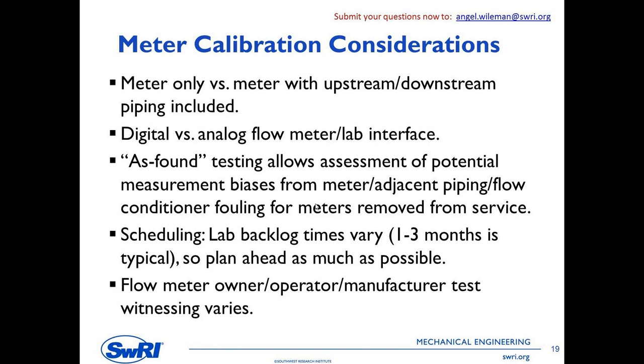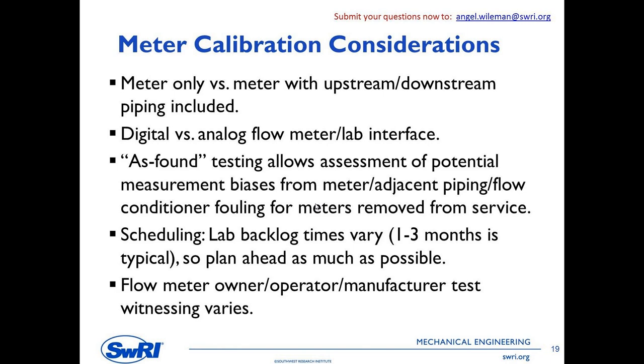If you're pulling a meter out of the field, you might want to do as-found testing. So if your meter's dirty or has some damage to it, maybe you had a partial overpressure case on an orifice meter, and you want to measure what the error was from the bent pipe that resulted from that, you can do an as-found test and establish that.